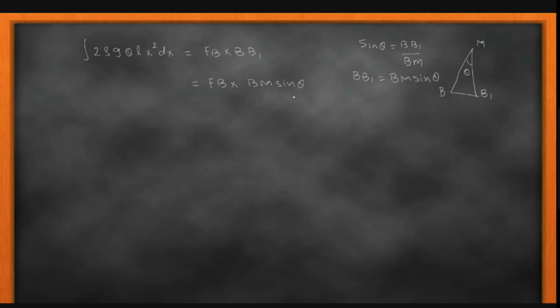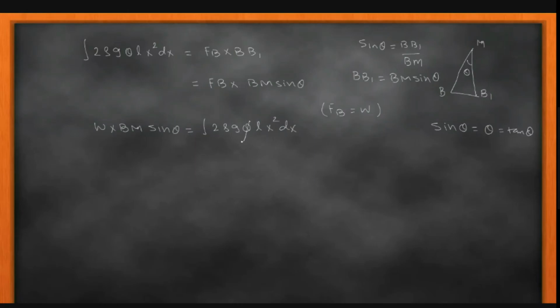Now we know that FB equals W, the weight displaced. So W into BM into sine theta equals the integration of 2 rho g theta L x square dx. For a small angle, we can consider sine theta equals theta equals tan theta.